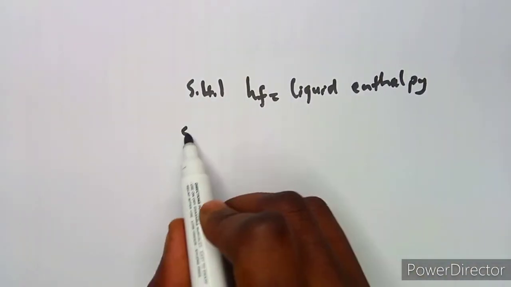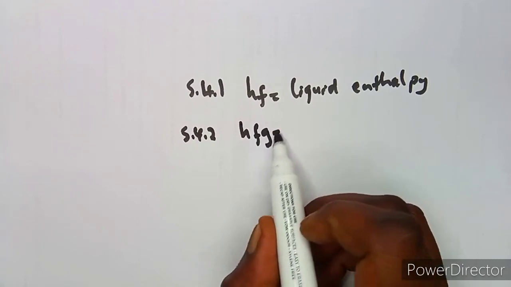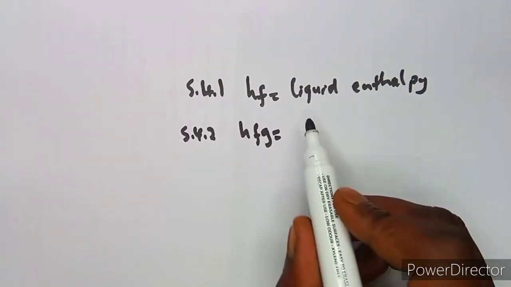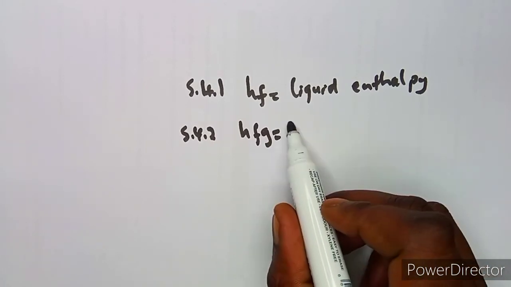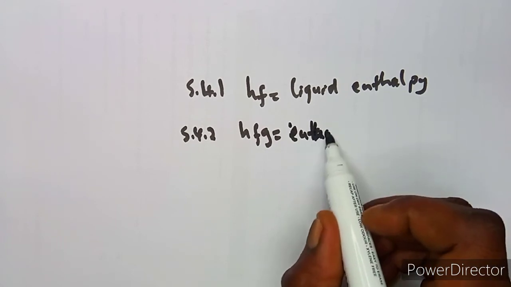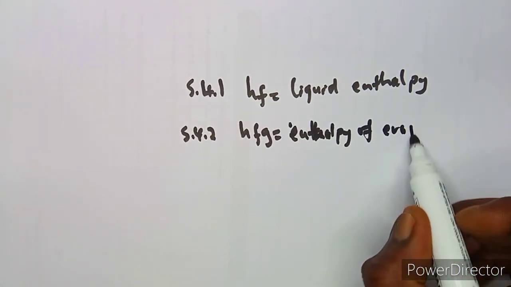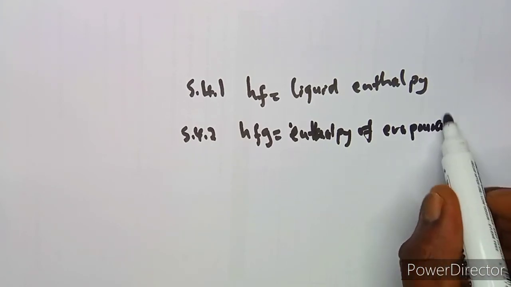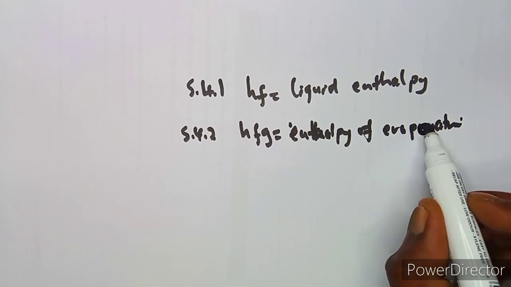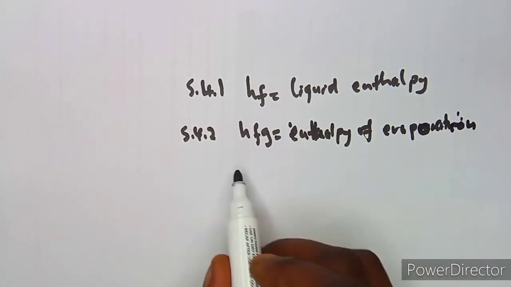So let's just write it down. Maybe someone wants to write this down, so let me just write it. So this is for evaporation. That is the enthalpy of evaporation. All right, then what else do we have here?